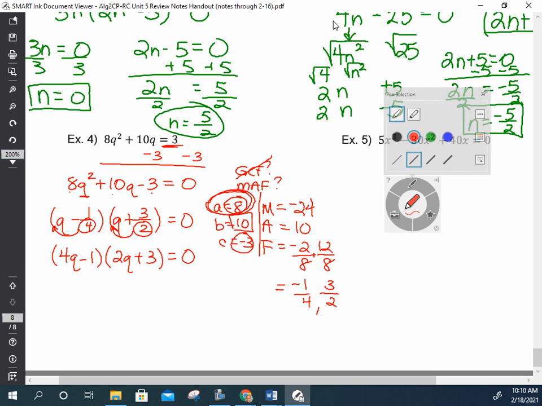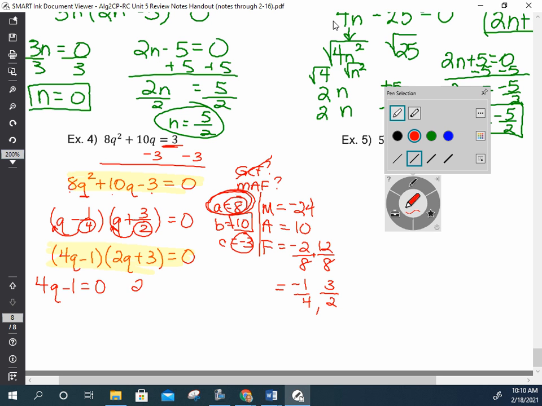Think about all the steps. First step, get the equation equal to 0. Second step, get it factored. Third step, separate the factors.